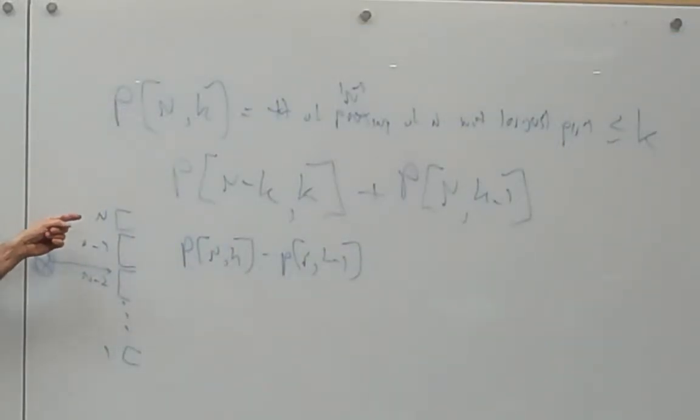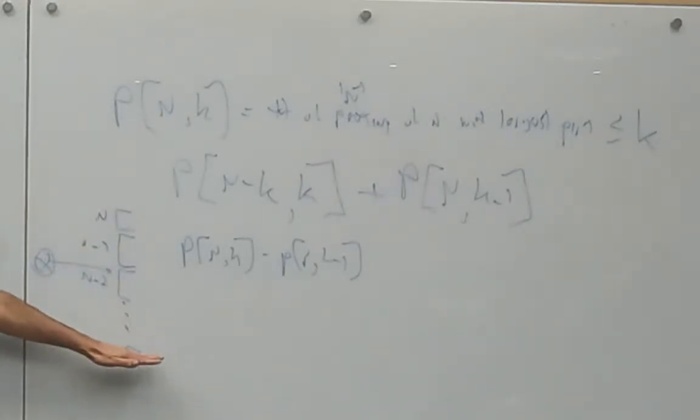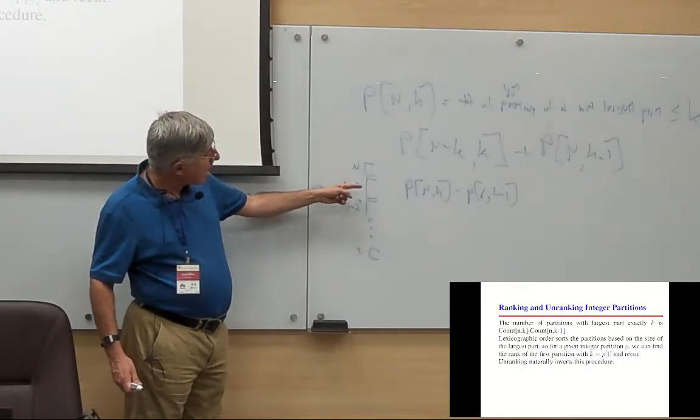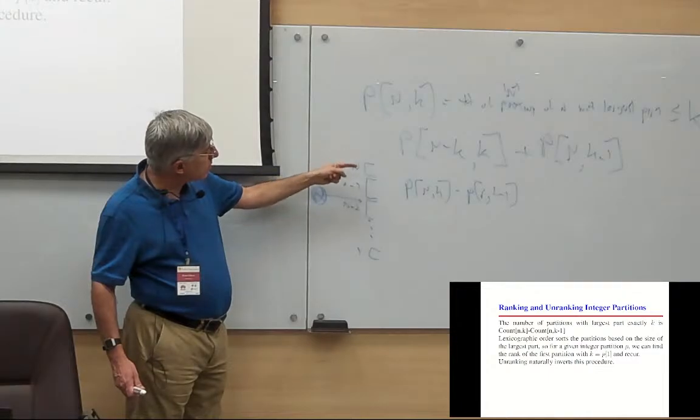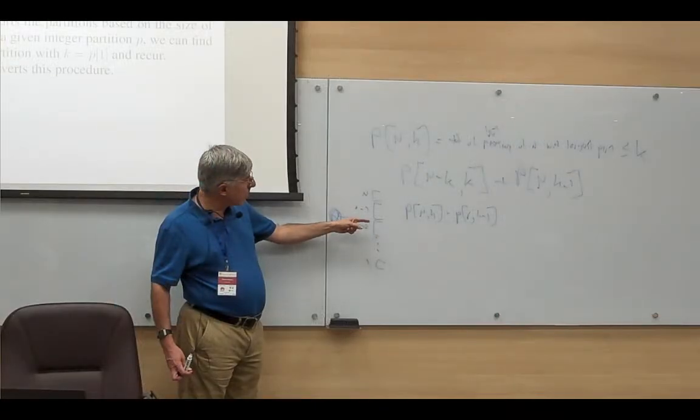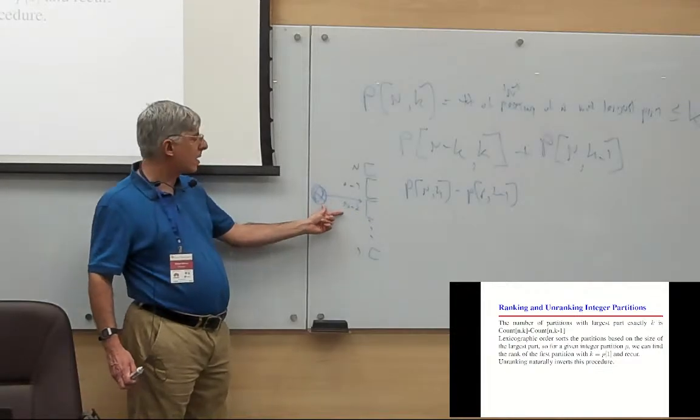If I keep a running sum of the number of partitions with biggest part n, n minus 1, n minus 2, it's clear that the largest part in the rank x partition is the place where the sum of these counts first becomes greater than x.